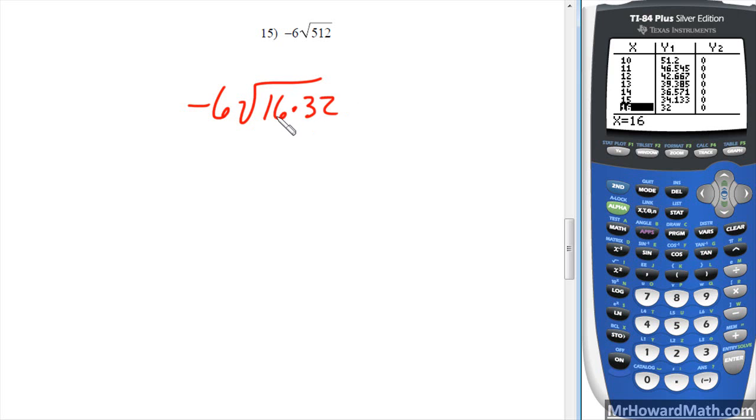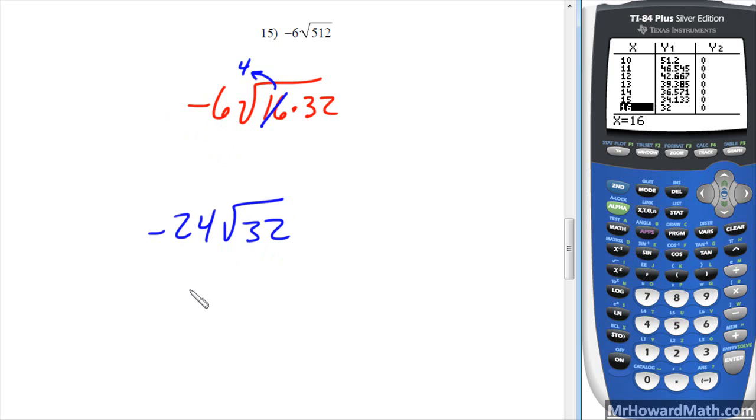Alright, so square root of 16 is 4, so I'm going to bring that out. The square root of 16 is 4. Now I multiply the 4 that's coming out there by whatever's in front, negative 6. So that would be negative 24 square root of 32.